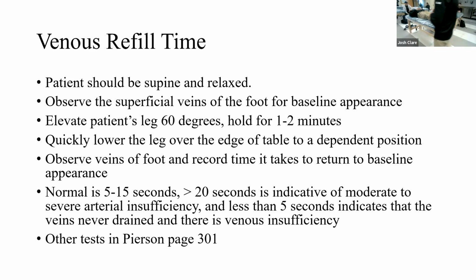Next step. We're gonna hold his leg elevated 60 degrees for 1 to 2 minutes. Again, this is not the hip test. I'm not testing hamstrings here. If he needs to bend this on the side for patient comfort, that is perfectly fine. How do I know I'm at 60 degrees?